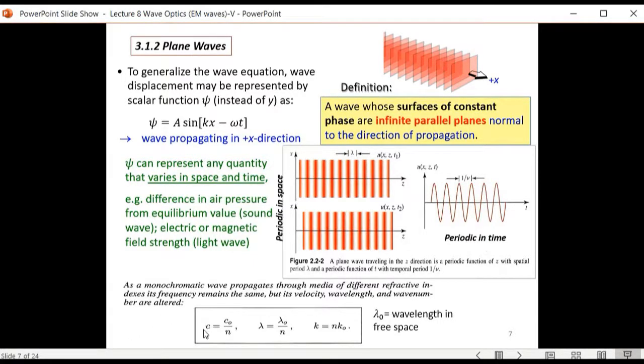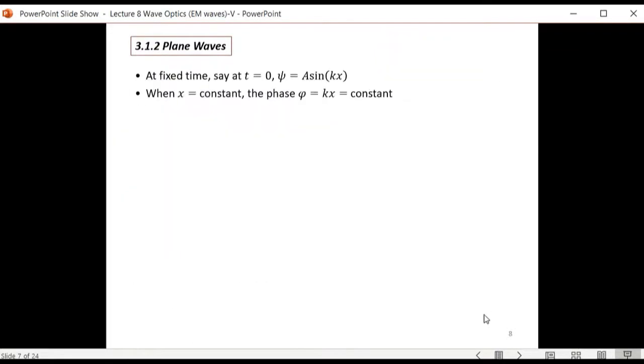The speed can be given as c0 over n, where n is the refractive index, c0 is the speed of light in vacuum, and lambda will be given by lambda 0 over n, where lambda 0 is the wavelength in free space, and k, which is the propagation constant, equals n multiplied by k0. k0 is the propagation constant in free space.